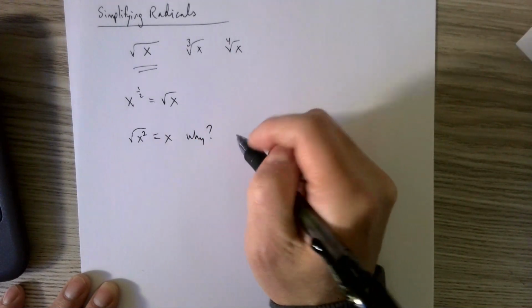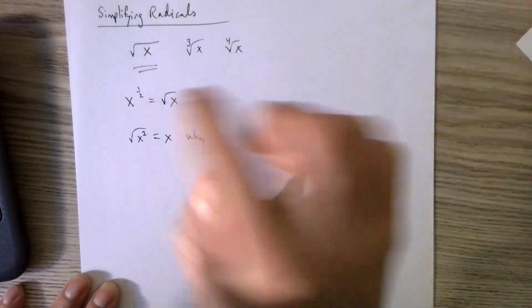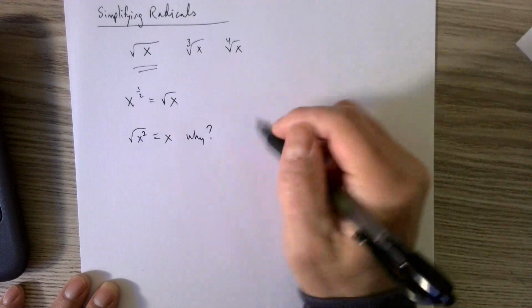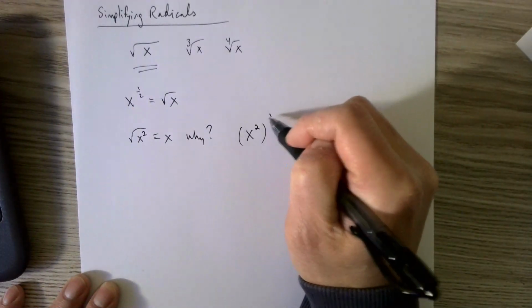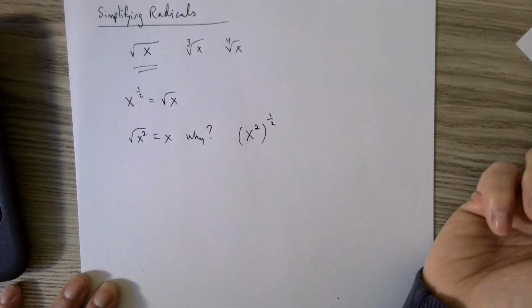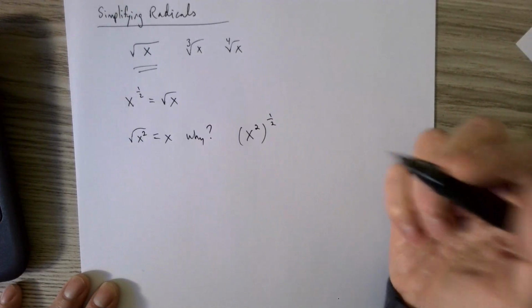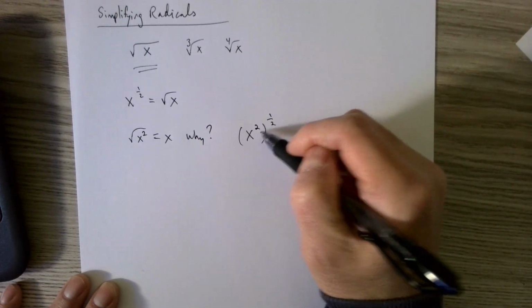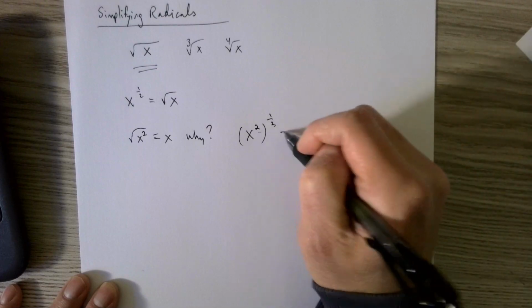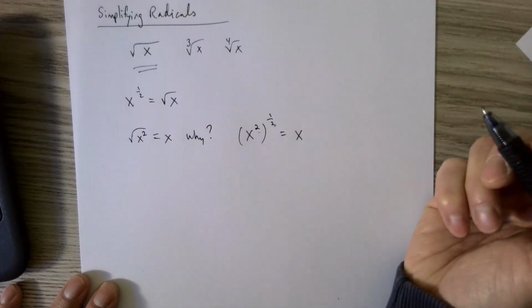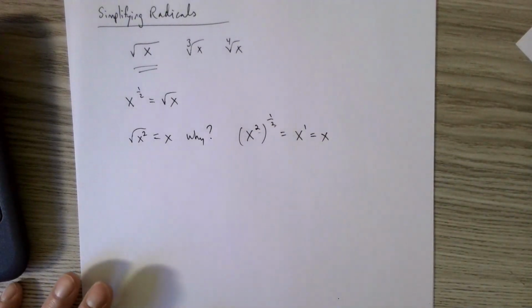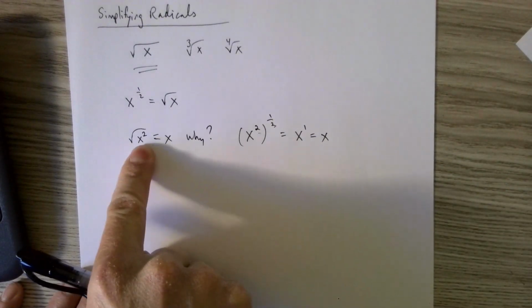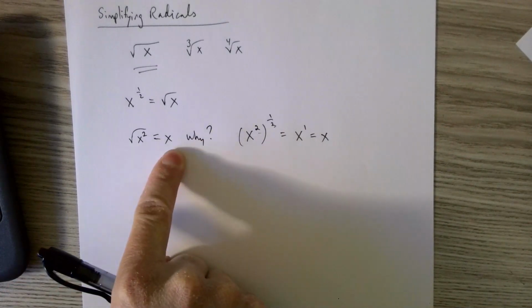Well, if you go back to exponents, square root of x squared is the same thing as x squared raised to the 1/2 power. And you know that this is a power to a power, so I multiply the 2 powers and I get x to the first power, or just x. So this is why square root of x squared equals x.